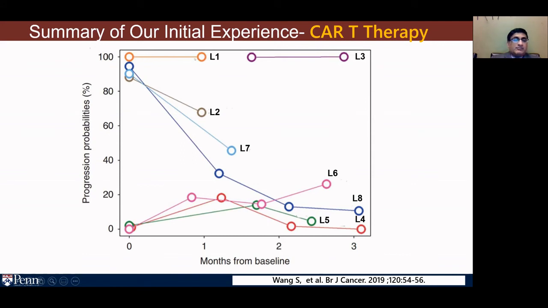This lesion also turned out to be TP. For lesion number 3, we did not have any baseline imaging findings because of poor data. But this patient had a high PP value at the second and third follow-up time points, and when we had the tumor specimen after the repeat surgery, it turned out to be TP. This again validates our finding that the PP value is a reliable parameter to determine treatment response.